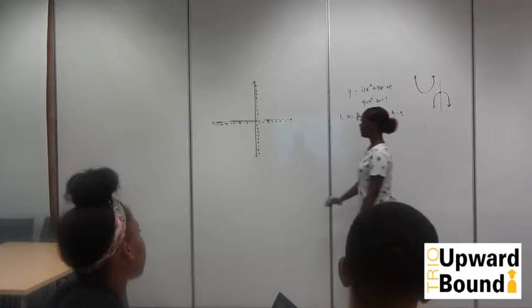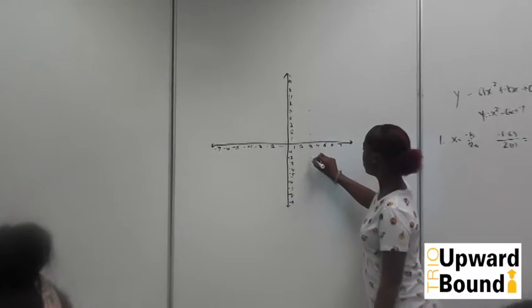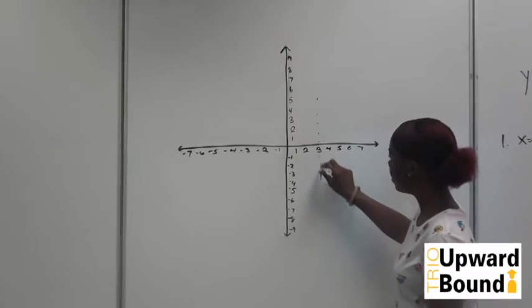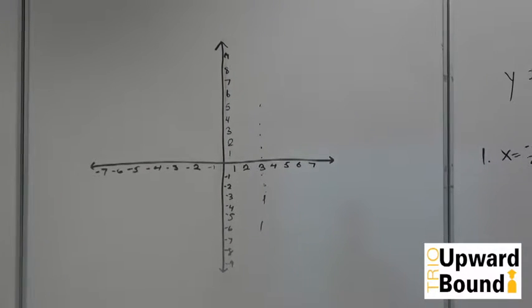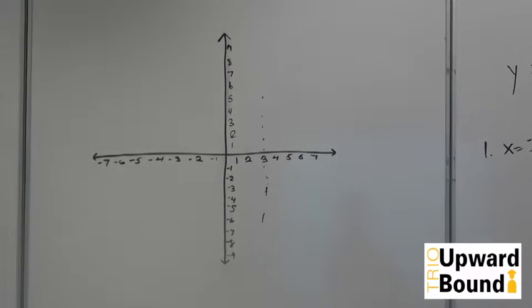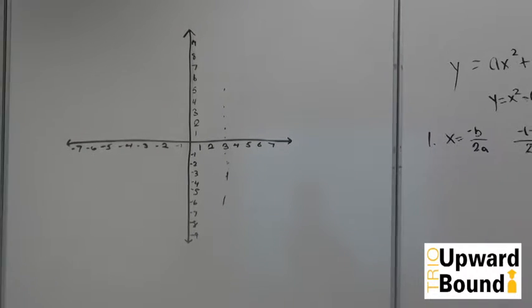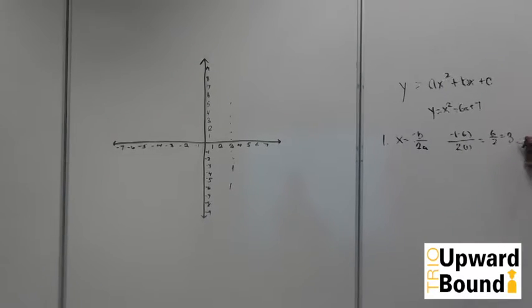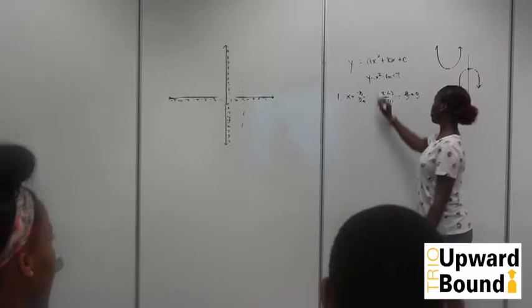So I'm about to plot that. So now that we have our axis of symmetry, we can go into step 2, which is finding the vertex to our parabola. So we will use the 3 from our axis of symmetry, and we will plug it into our main equation.